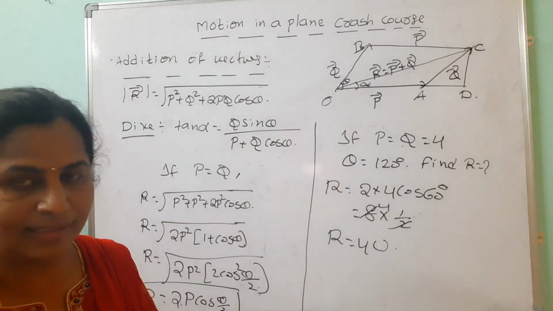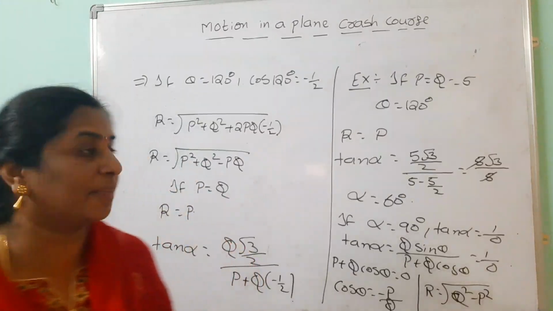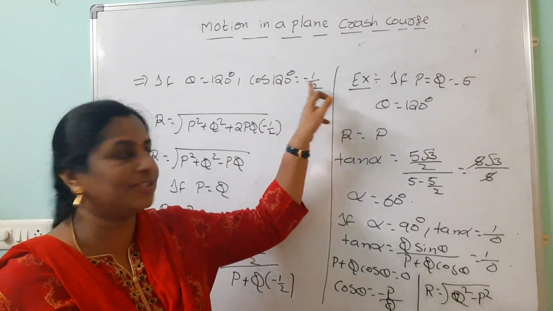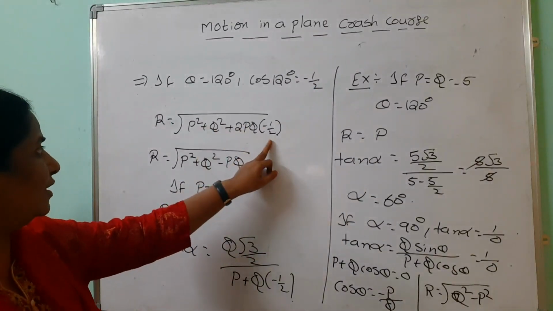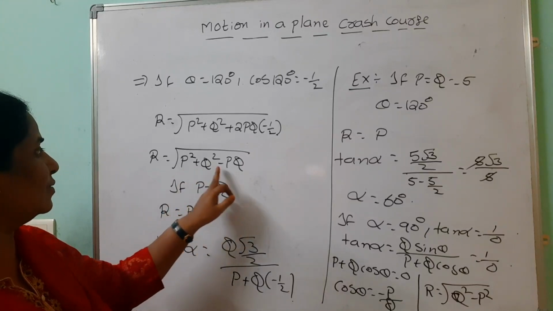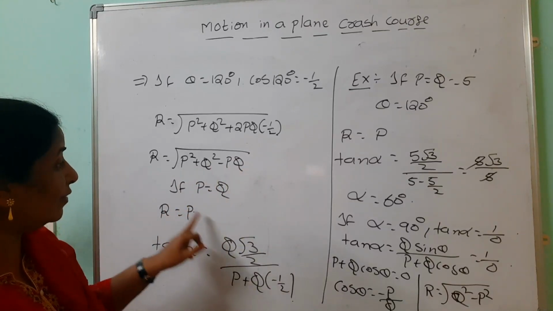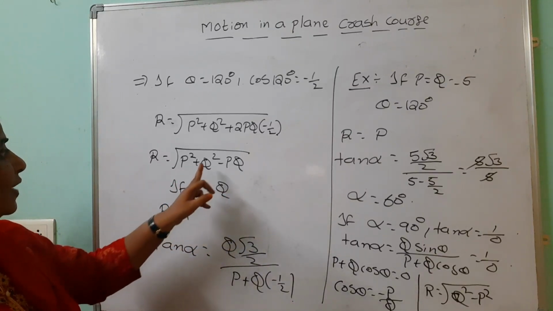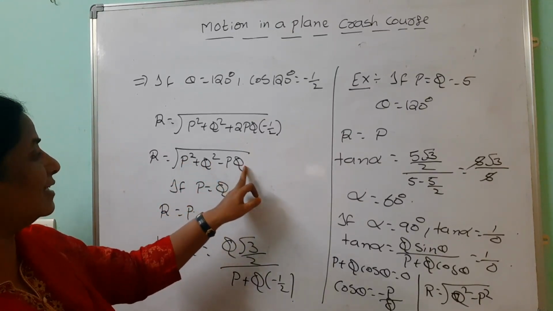Many applications are there. Our next application: if theta is 120 degrees, cos 120 is minus 1 by 2. When you substitute this, you get R equals under root P square plus Q square minus PQ. But here we take one more case, where P equals Q. Immediately we get P square plus P square minus P square.